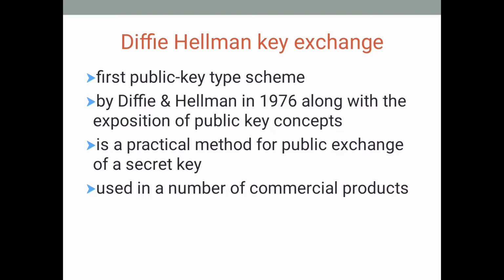This is a public key crypto system, public key encryption. That means at the source they have a public key as well as a private key, and at the destination also they have a public key and a private key. The public key will be known to everyone, whether it is a source or destination.